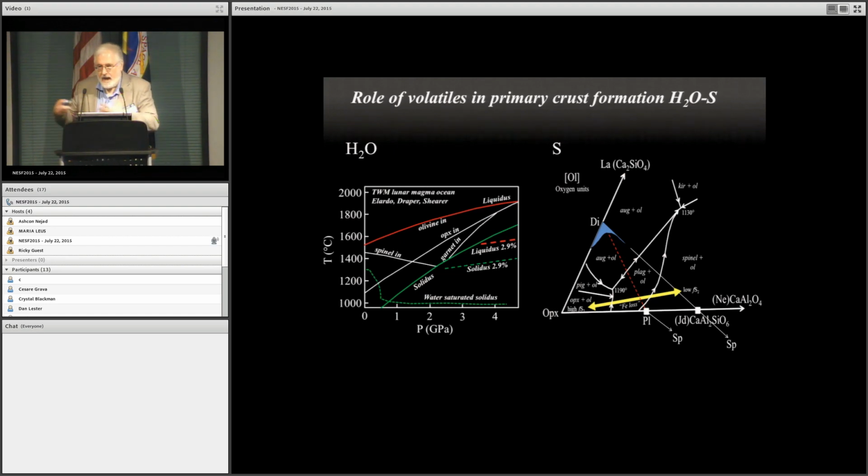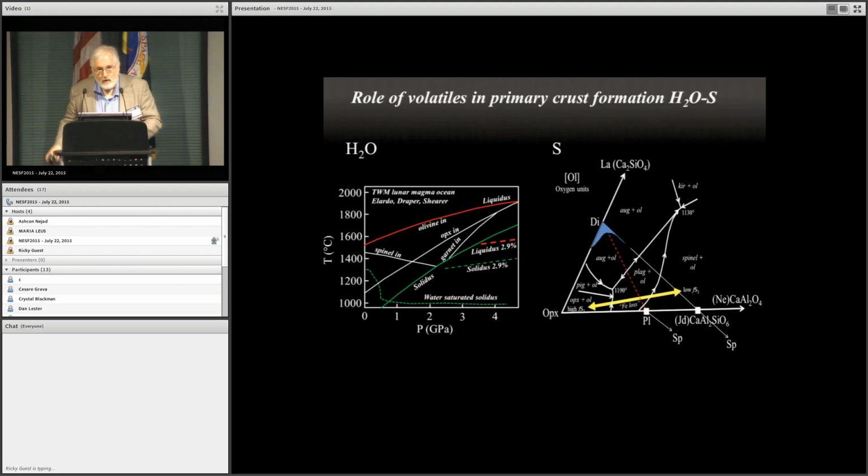However, if we add H2O, not H2, one can lower that liquidus with 2.9% water. That's the liquidus temperature here compared to here. This is the solidus here compared to the solidus here in dry conditions.